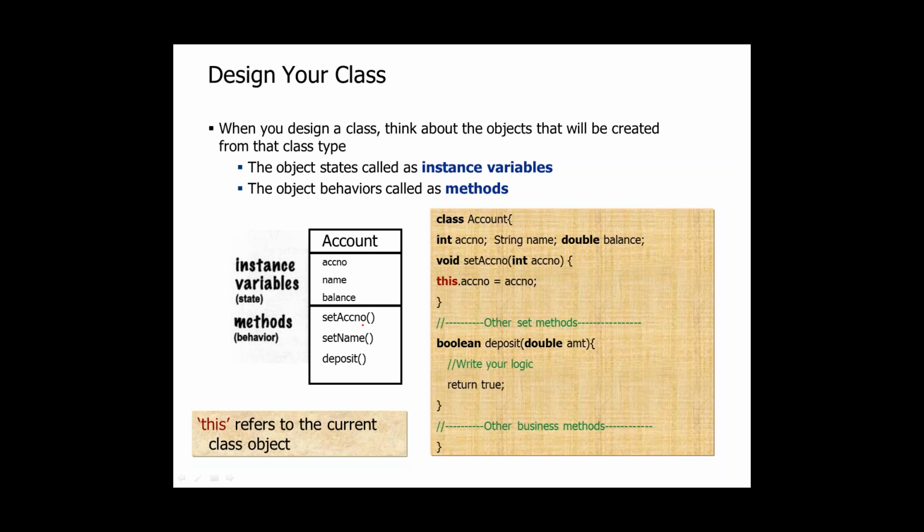Every object has its own variables here, and that's where it is important for your classes and your objects, that your object is securing its own data. Your object has its own data. All right, every object has its own data, and the methods are the ones manipulating the same data.